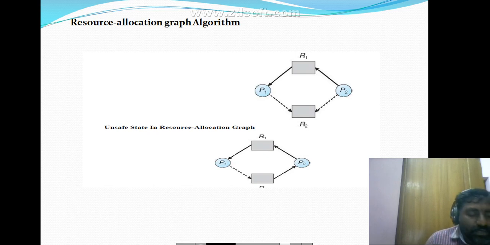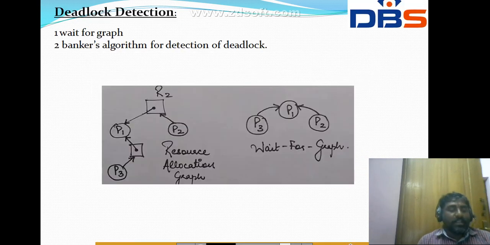A request edge converts to an assignment edge when the resource is allocated to the process. When a resource is released by a process, the assignment edge reconverts to a claim edge, and a resource must be claimed priorly in the system. Okay, this is regarding the resource allocation graph.